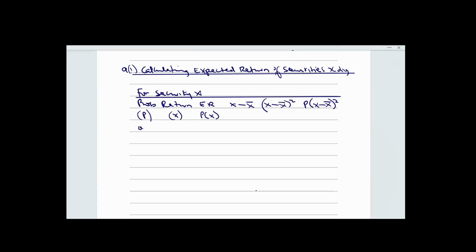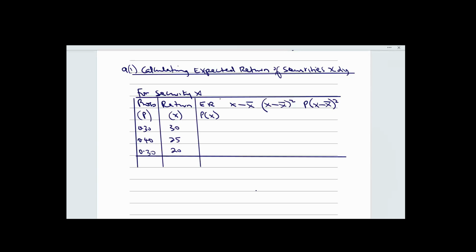Give me the return quickly. 30, 25, and 20. So this is the expected return on security X. The probability must be equal to 1.